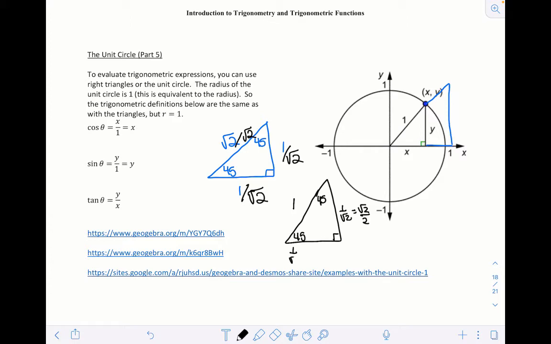And then 1 over square root of 2 here is the same as square root of 2 over 2. So similar triangles, it's just the one with the hypotenuse of 1 would be one that falls specifically on that unit circle. Okay, I want to show a few different animations before I look at the rest of these notes.